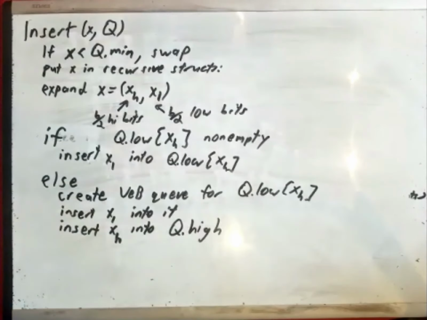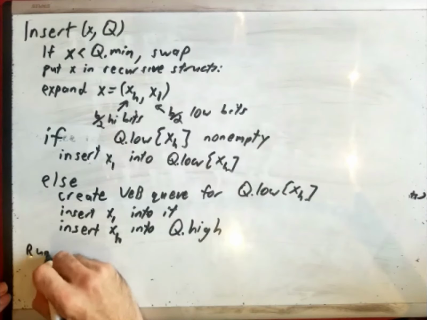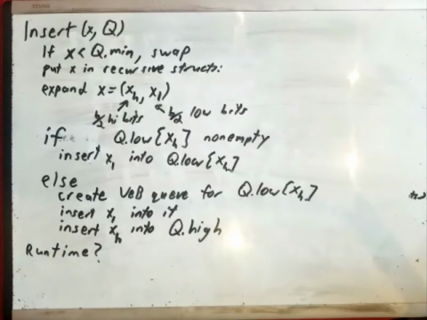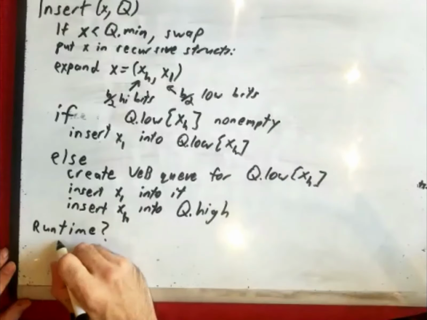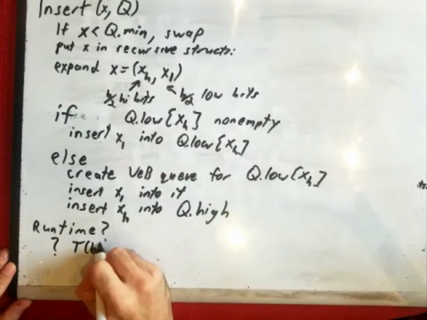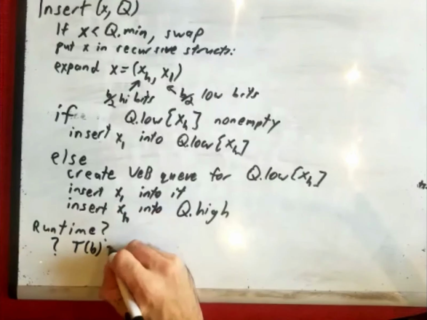Now let me ask the important question: how does that decreased depth translate in terms of runtime? So let's talk about the runtime of this data structure. It's a very simple algorithm, so it appears that we can write down a very simple recurrence. Let me put a question mark here: the time to insert a b-bit word, we do some constant work.